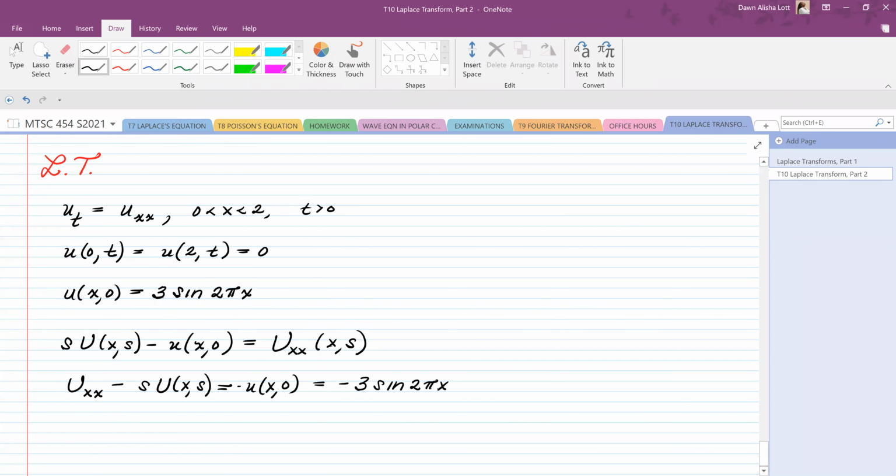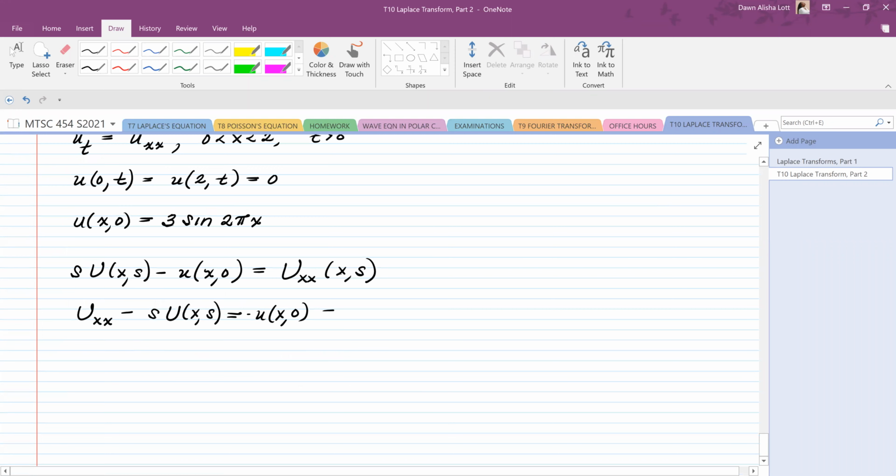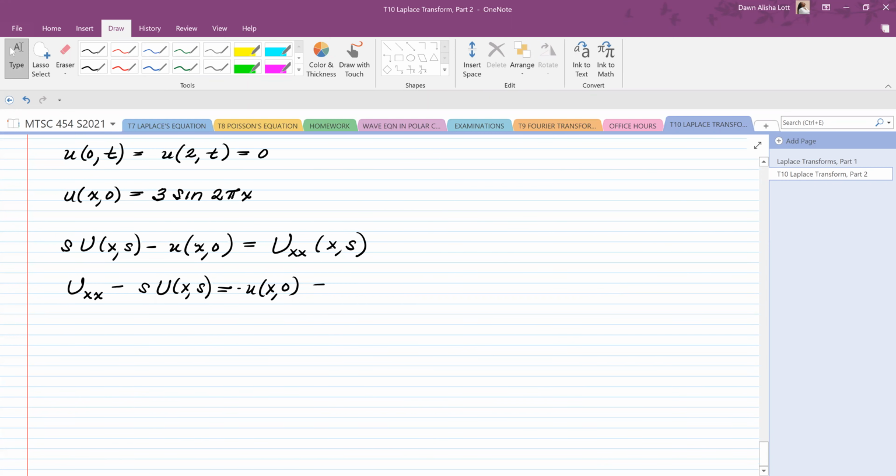Okay, so this is my problem. It does not look like it wrote what I wanted it to write. Okay, all right. And this particular problem has boundary conditions.